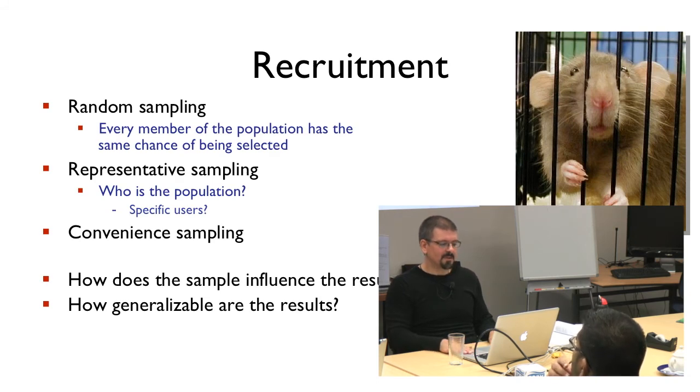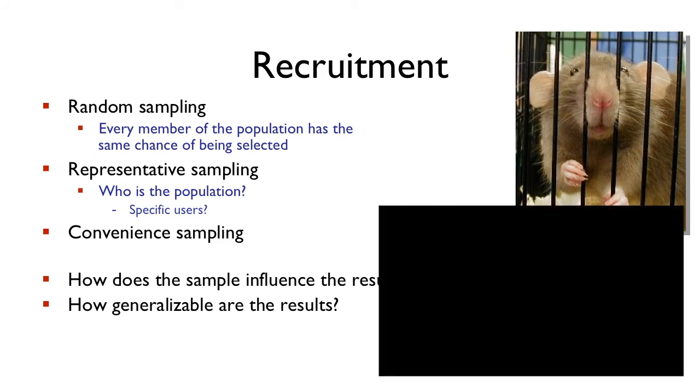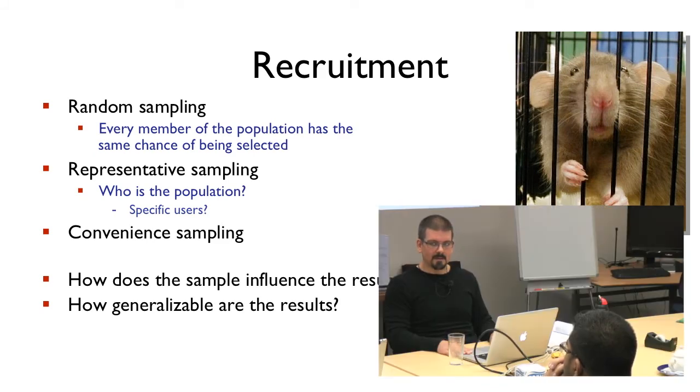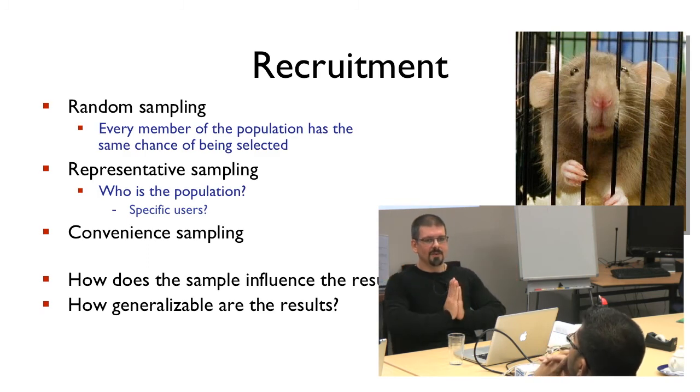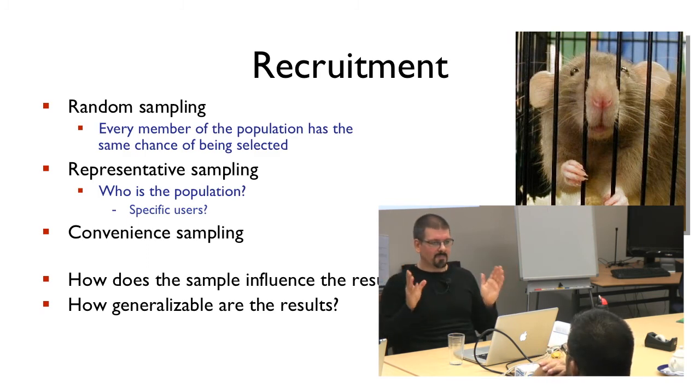So there are different ways of recruitment and of sampling. The broadest approach would be random sampling. That means that every member of the population has the same chance of being selected. It doesn't happen that often, but that's I guess the broadest approach. So if you're interested in generalizing your results to the general public, that's the standard, the way you want to go.